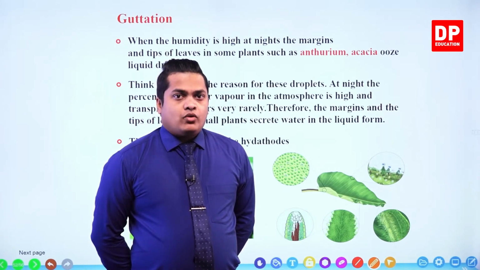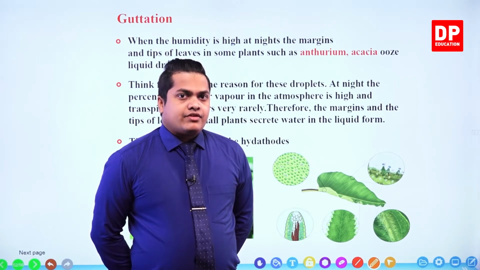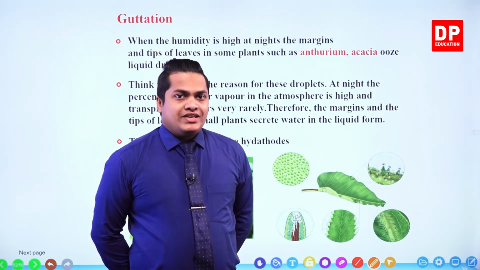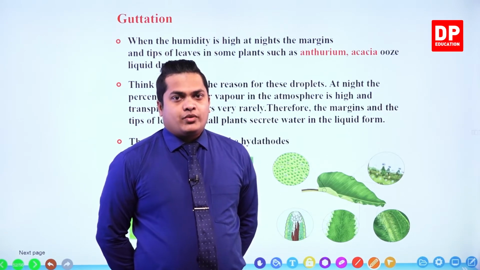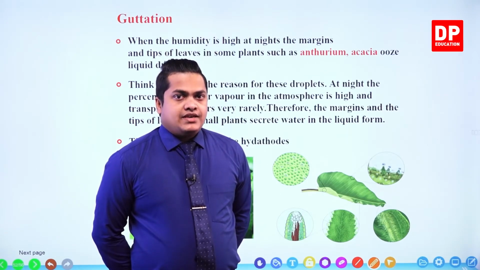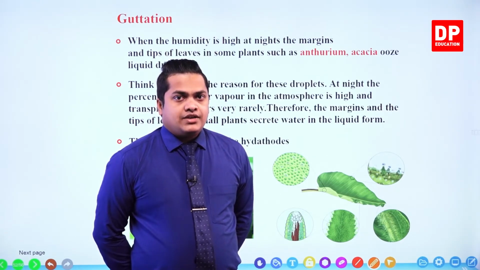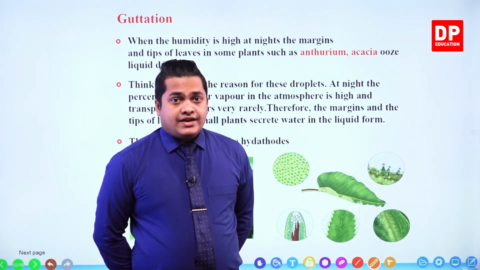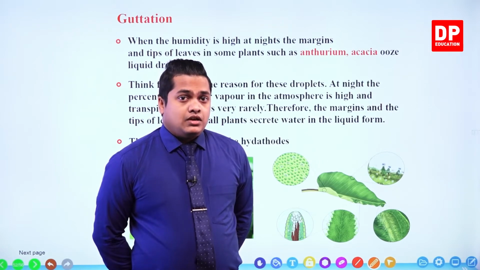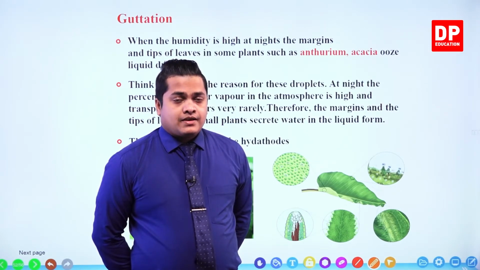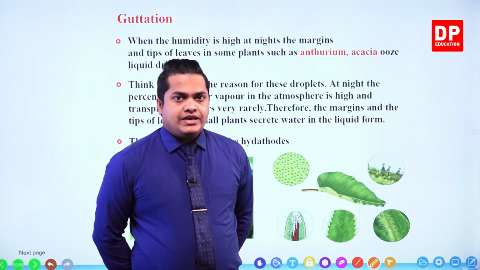We studied that the rate of transpiration is going to increase when there is a heavy amount of sunlight or heat energy, high light intensity, and a high amount of wind.